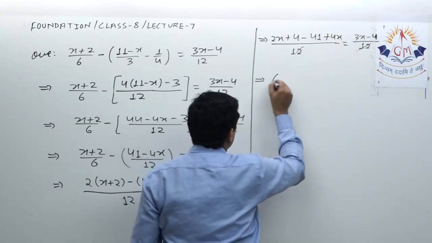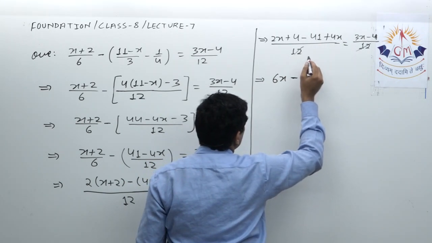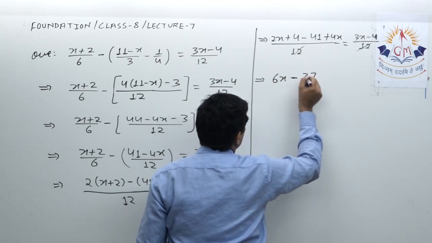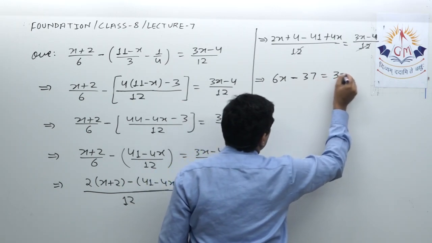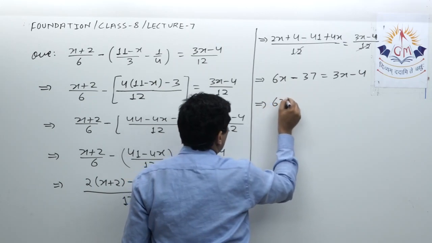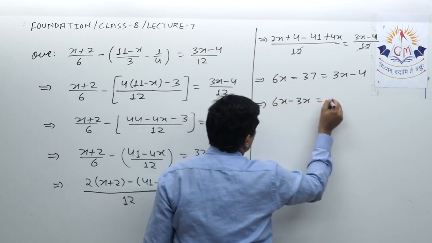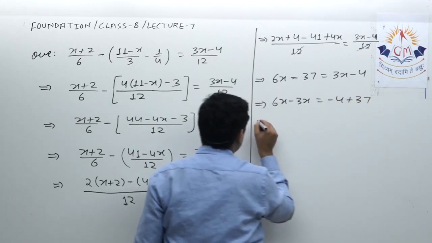So that is 6x minus, now 4 minus 41, 37 with minus sign, is equal to 3x minus 4. Now 6x minus 3x is equal to minus 4 plus 37.